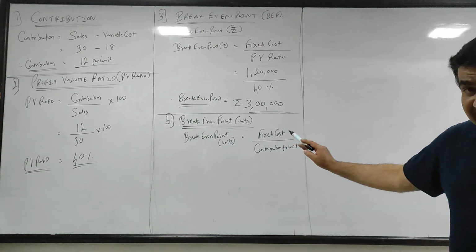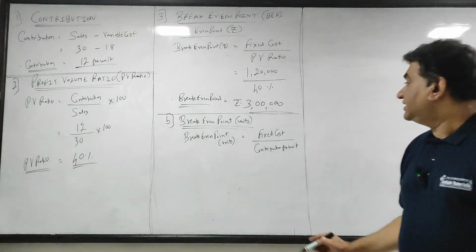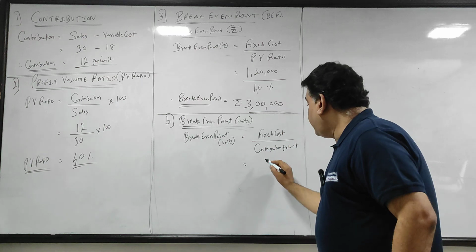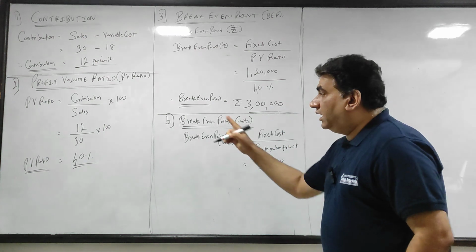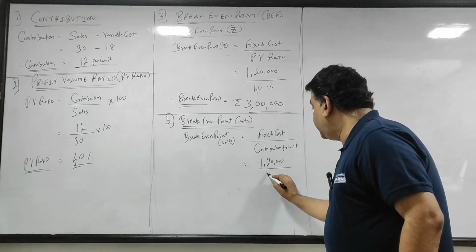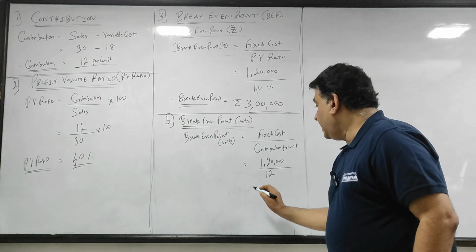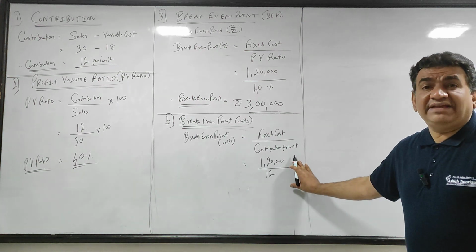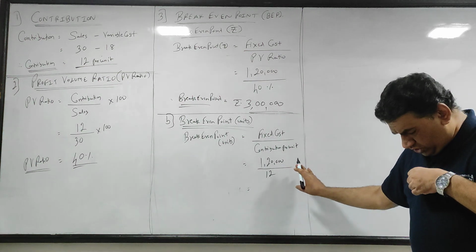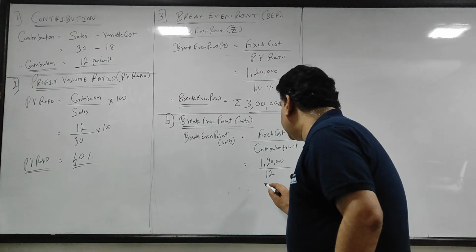Now let's calculate and then see the interesting thing. Of course, very basic. What is my fixed cost? 1,20,000. What is the contribution I got per unit? 12.